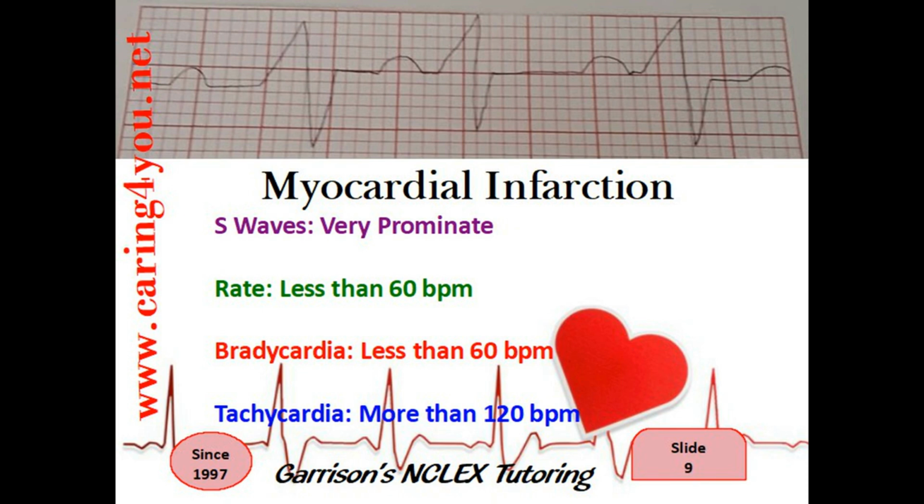That's common sense. If it isn't common sense, then please ask me when we do our tutoring session. Okay? So that's all there is to know about strips for the NCLEX. Just those 5 strips: atrial fibrillation, atrial flutter, ventricular fibrillation, ventricular tachycardia, and MI.